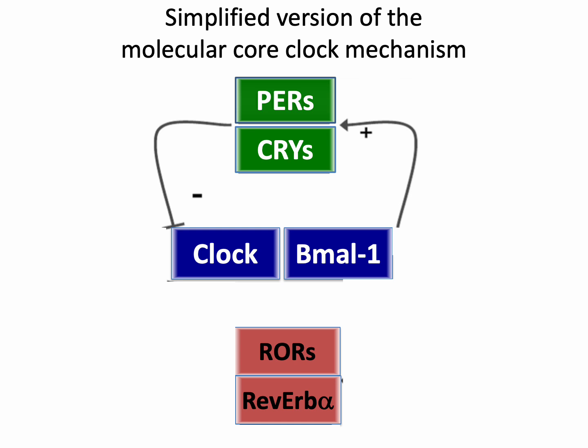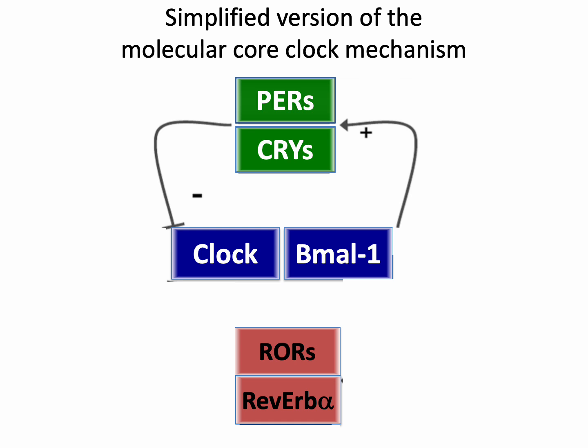When the levels of these two proteins drop, the translated PER and CRY drops because of degradation. The inhibition is then lifted and the cycle starts all over again.